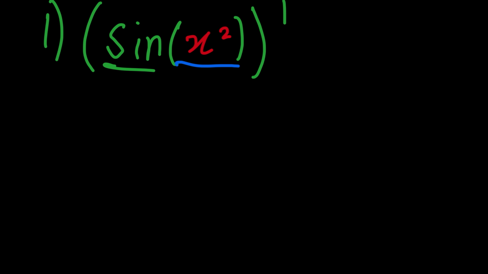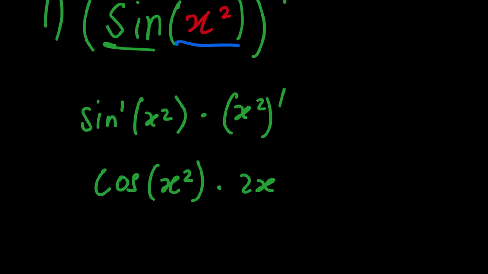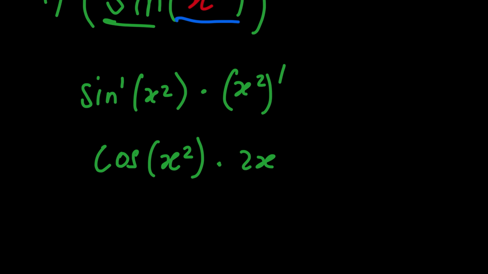In using chain rule, we first take the derivative of the outer function, so sine prime x squared, times x squared prime, because we take the derivative of the inner function. The derivative of sine is cosine, so we get cosine x squared times 2x, because that's the derivative of x squared. So we end up getting 2x cosine x squared.